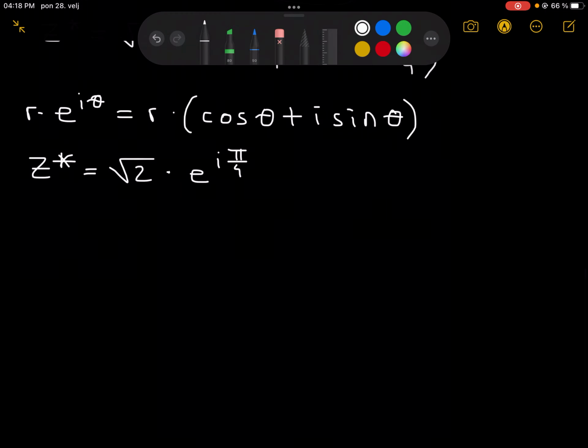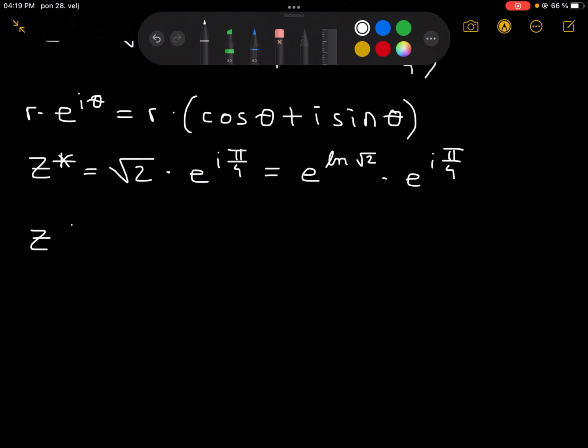Now let's rewrite the square root of 2 as e to the ln of the square root of 2, assuming its principal root, and multiply that by e to the power of i pi over 4.